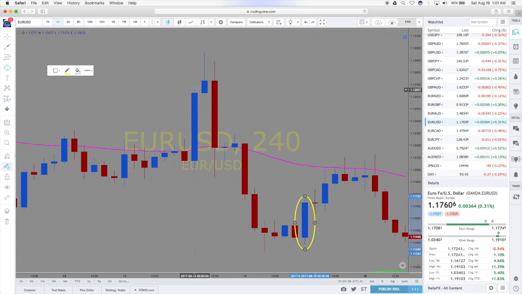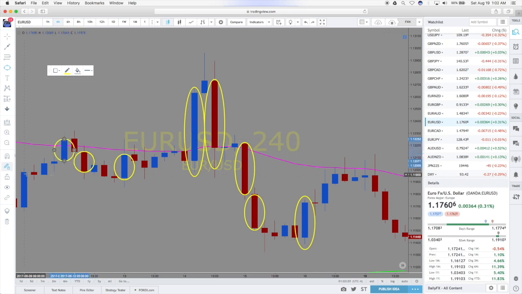So all of these here, that's an engulfing candle. This is an engulfing candle. You see the pattern here, that the engulfing candle pretty much engulfs the previous candles.